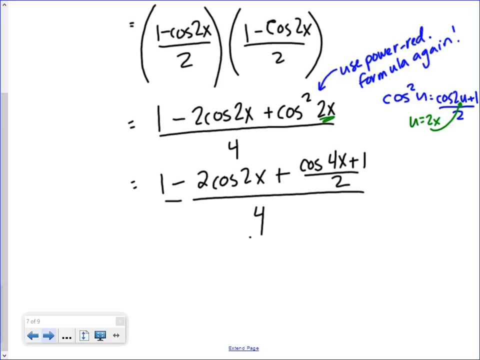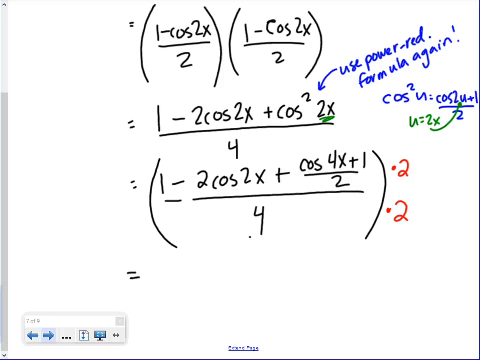So that I'm changing the way this thing looks, but I'm not changing what it really is. I'm multiplying by a well-chosen one for the whole thing. So I'm going to put a big parentheses around this. And then I'm going to say, multiply your numerator by 2, multiply your denominator by 2. So I'm really just multiplying by 1. And I have to distribute.